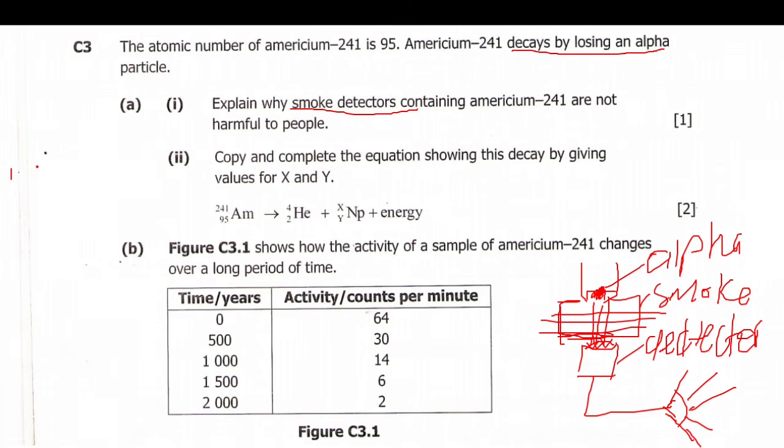When it enters your body, it changes the makeup of your body, because we are made up of atoms as well. So those particles can knock off electrons from our atoms, and they can cause mutation into the way we are made up.